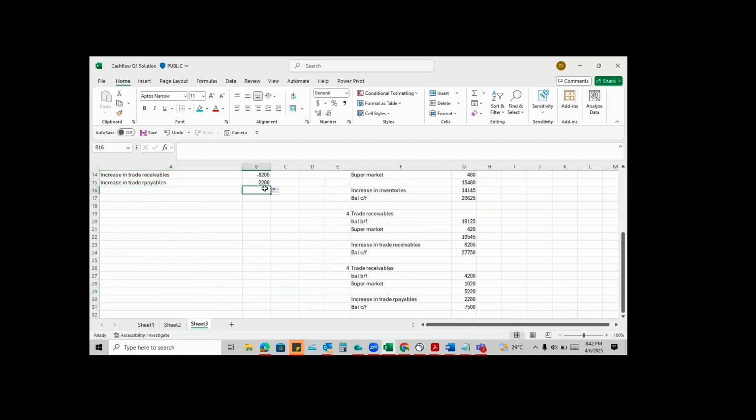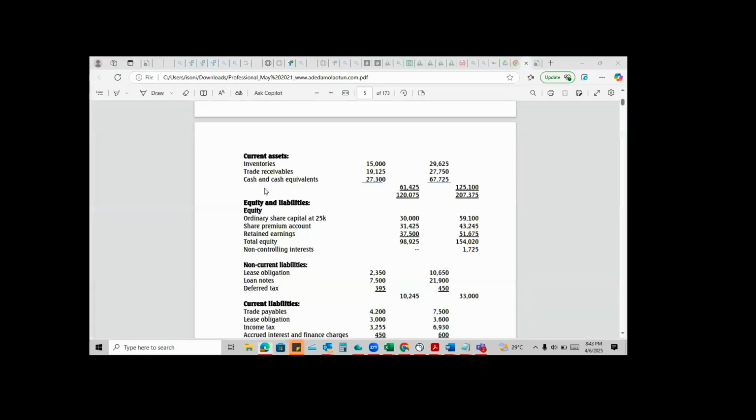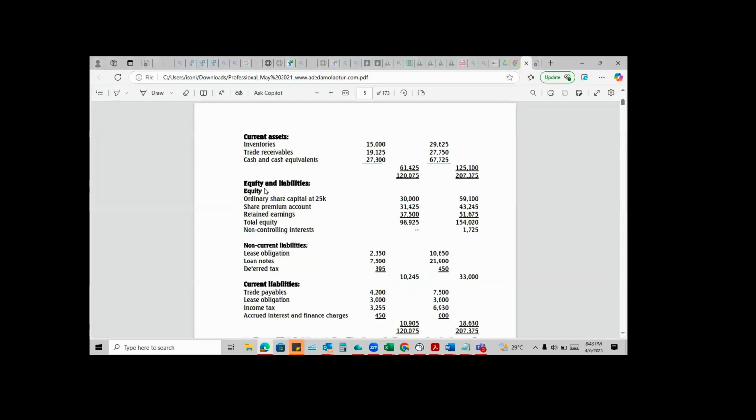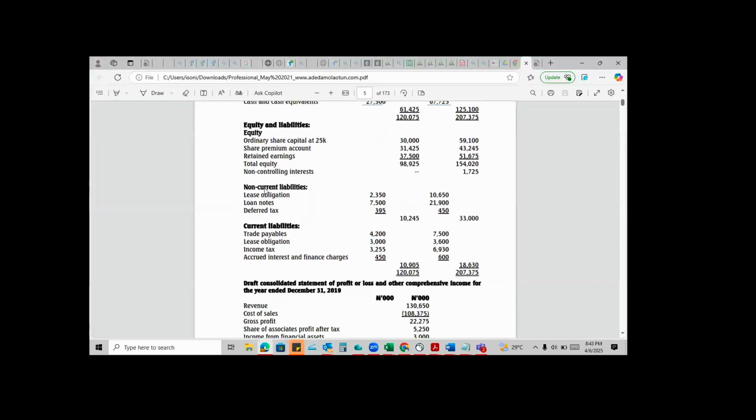All right. Now at this junction, I have lease obligation as well. But mind you, lease obligation has two elements. So I would rather treat it separately. Look at what I'm saying. The lease obligation is here under non-current liabilities.